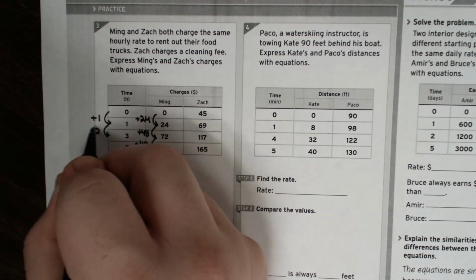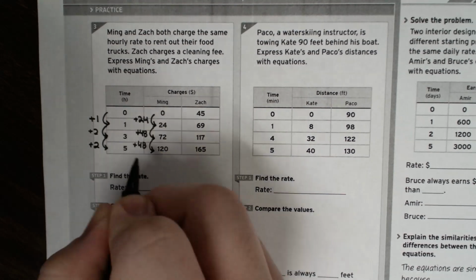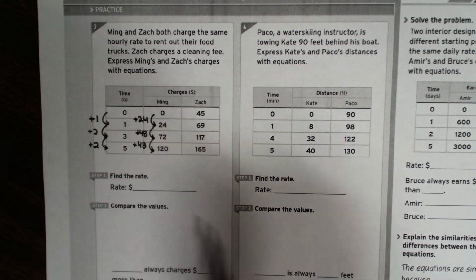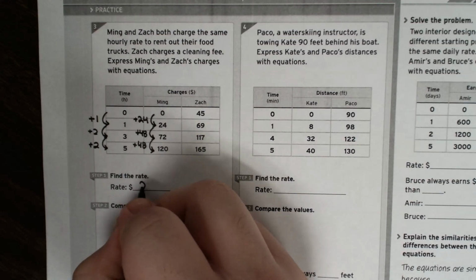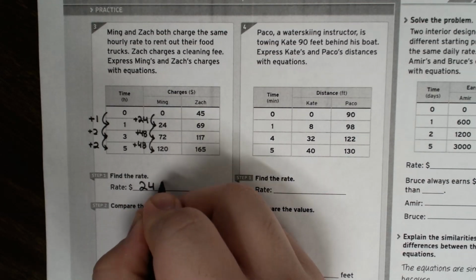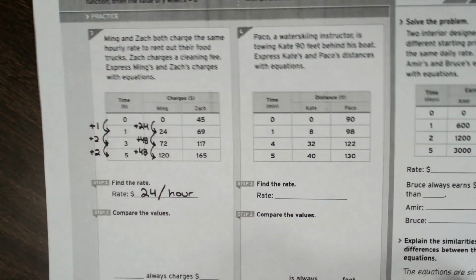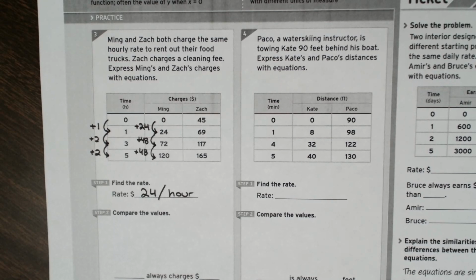And 48 divided by 2 is 24. From 3 to 5 hours is again skipping up 2 hours. 48 divided by 2 is 24. So the rate is still $24 per hour. So they just gave us weird random snapshots of different times rather than just 1 hour, 2 hours, 3 hours, 4 hours.